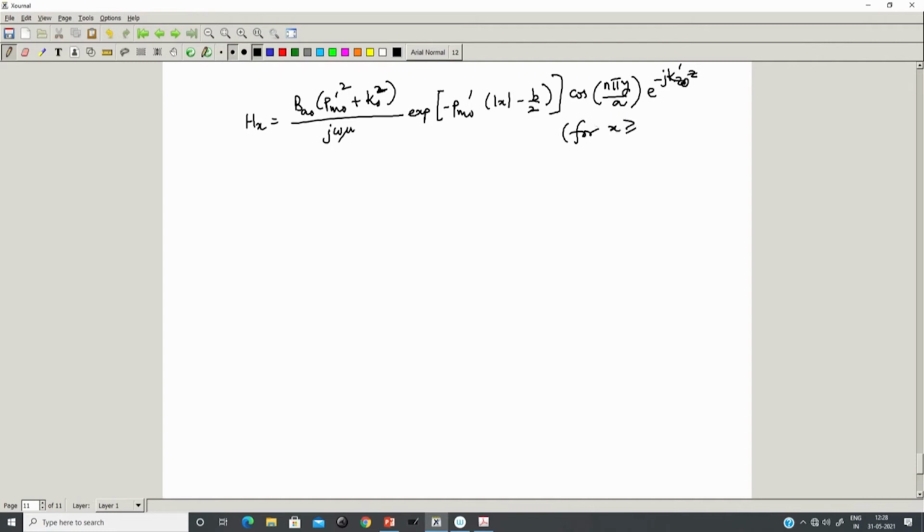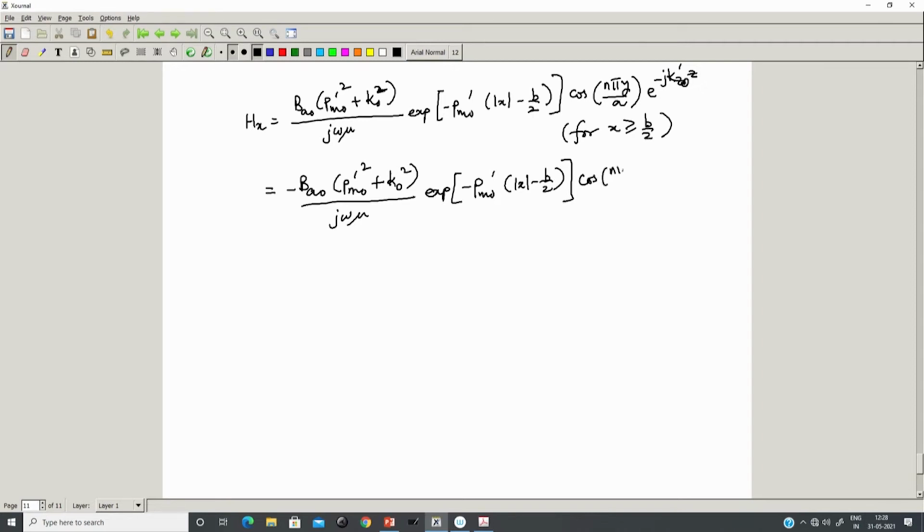For x greater than or equal to b by 2. And that is equal to minus B A O p m o prime square plus k naught square by j omega mu exponential minus p m o prime mod x minus b by 2 cos n pi y by a e power minus j k z o prime z, that is for x less than or equal to minus b by 2.